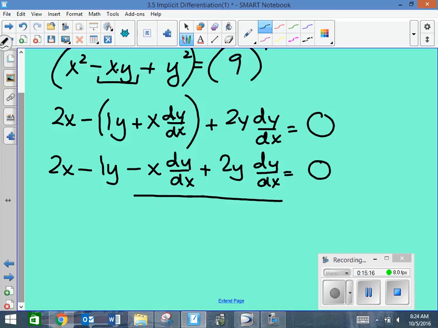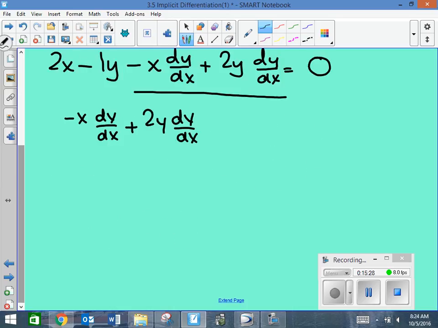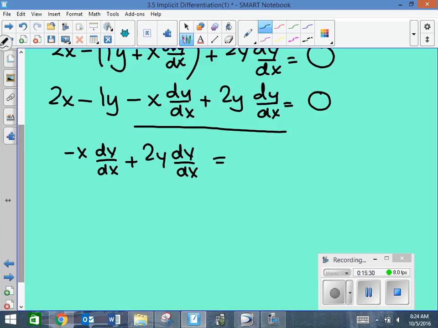So I'm going to leave these two on the side. I'm going to move these guys over. So negative x, and you can, good algebra students, combine some of these steps. I'm just taking it slow this first time around here. This 2x goes over as a negative. This y is a plus y.